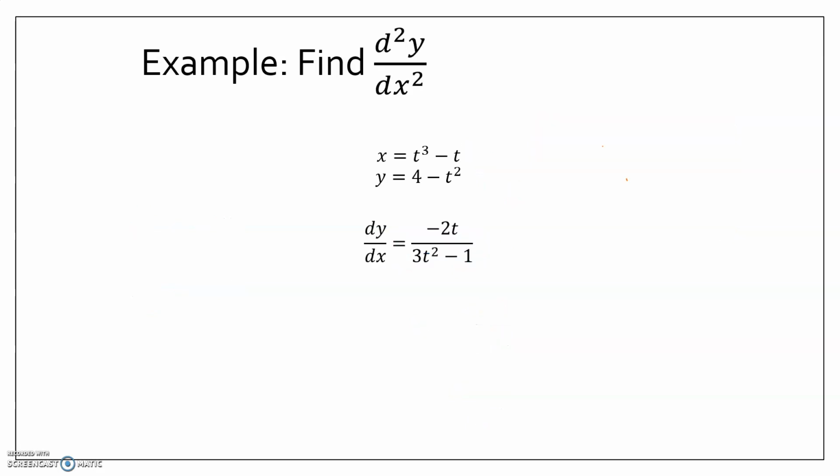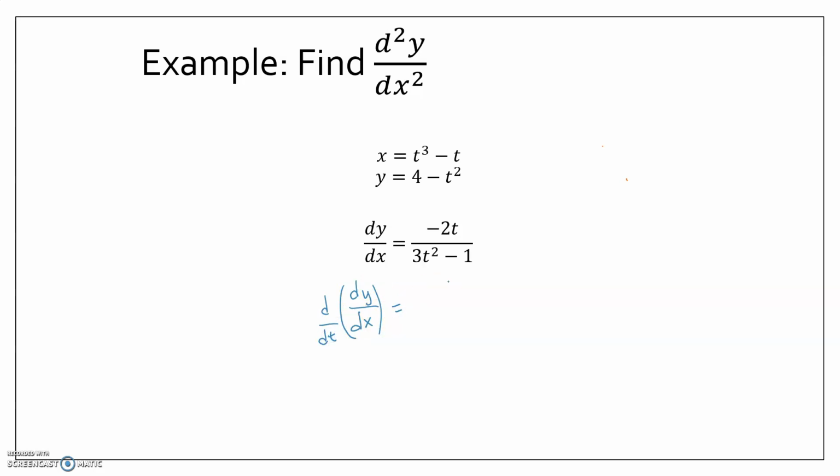I can also take a second derivative, and that's going to answer questions about concavity. So here's our first derivative. If I want to take a second derivative, I'm going to take the derivative of this with respect to time, because time is the independent variable in this equation.